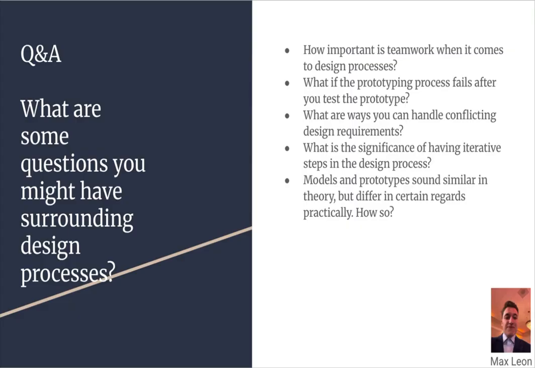Models and prototypes sound similar in theory, but different in certain regards practically. How so? Well, a model is more of a concept, something you draw out, something you put on a piece of paper and think, okay, this is what it'll look like, more of a skeleton of sorts. That skeleton just communicates how the design should be.